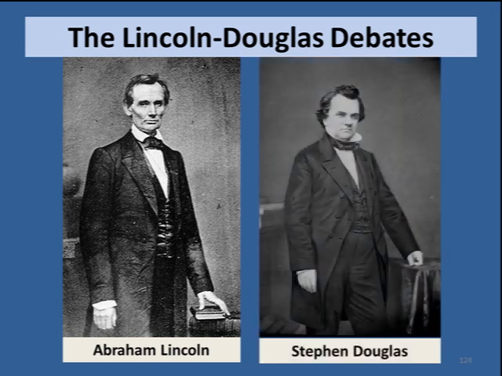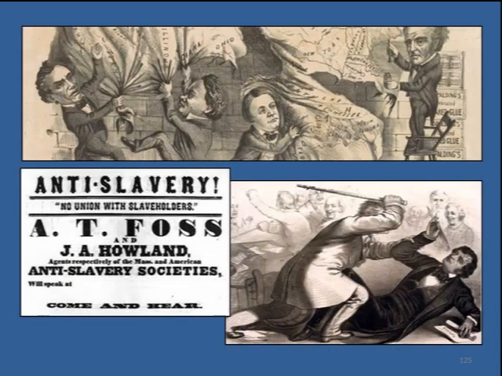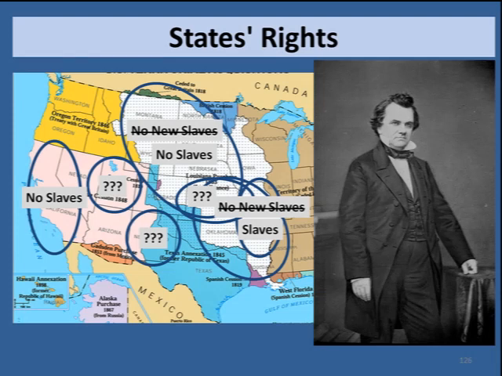The main topic was slavery. Lincoln believed slavery was dividing and destroying the nation and opposed allowing slavery in any new territories. Douglas, on the other hand, continued to argue that slavery was a matter of states' rights and therefore was not a concern for the federal government.